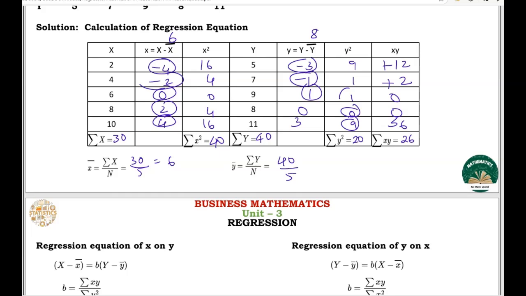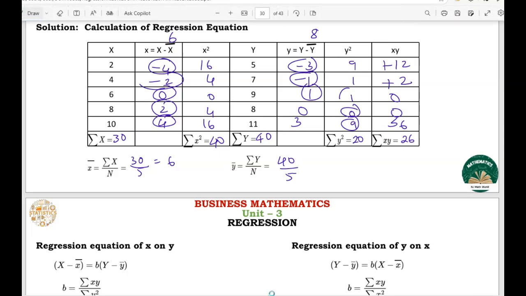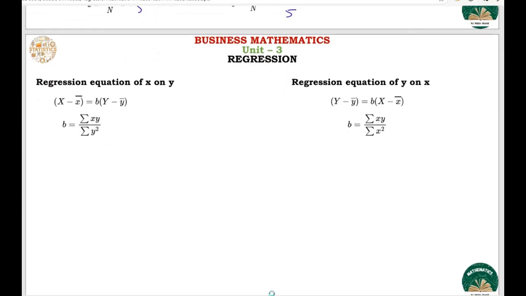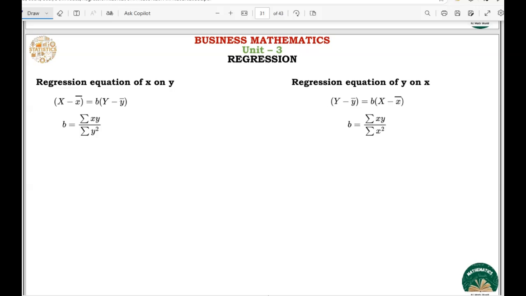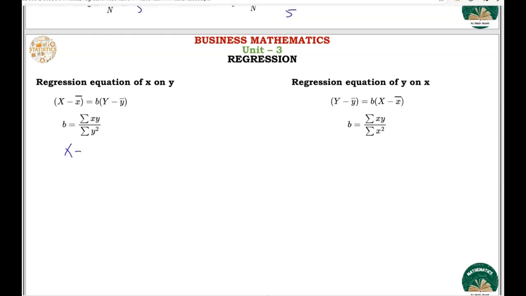So now for calculating the next part, you have x minus x bar. X bar is 30 by 5, that is 6, equals b. We have to find b here. Summation xy we got is 26 divided by summation x square, y square we got as 20. So if you divide these two, we get 1.3. So 1.3 into y minus y bar.